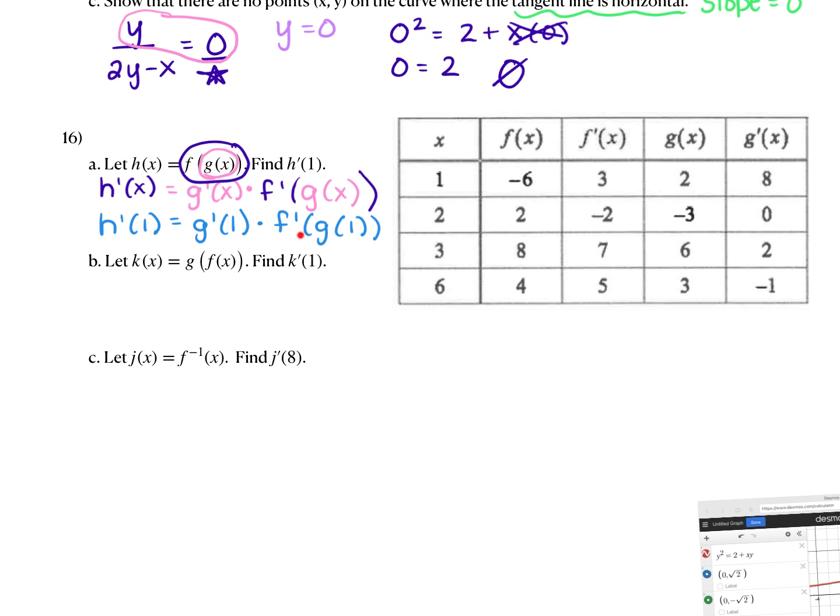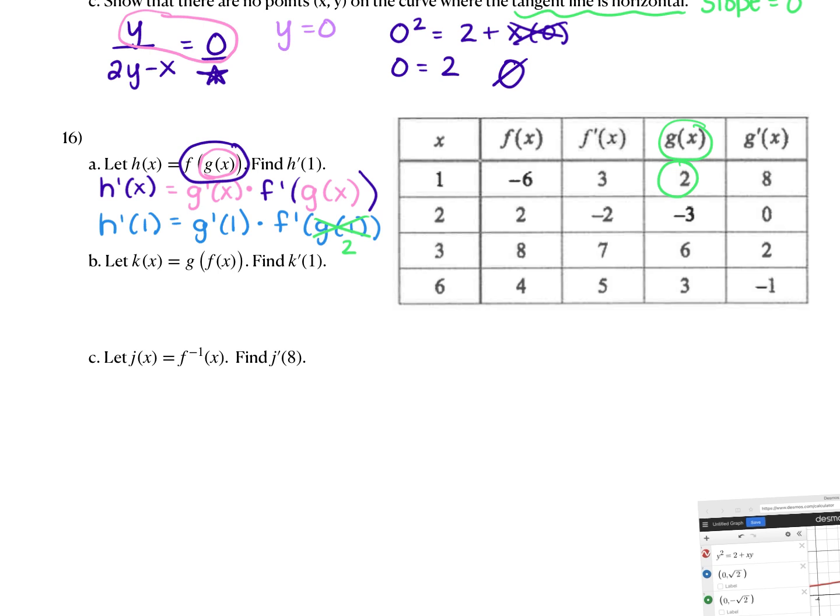This is a composite. So this is saying do g of 1 first, get that answer, and plug it into f prime. Let's get g of 1 out of my table. Looking at just the regular g of x function at 1, that value is 2. So what I'm really doing is replacing this with a 2.